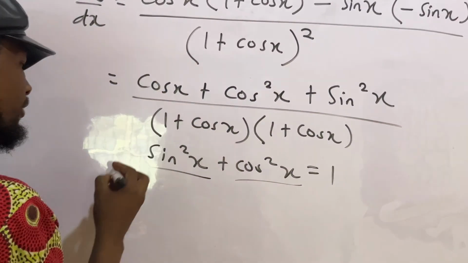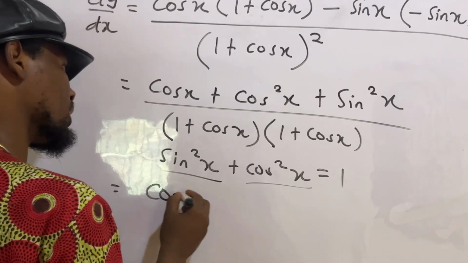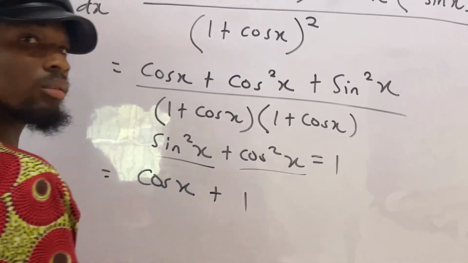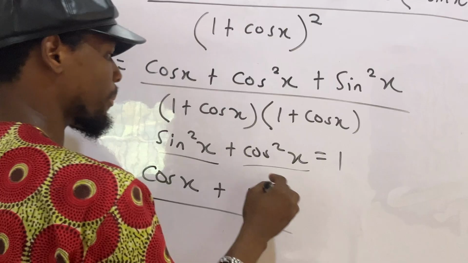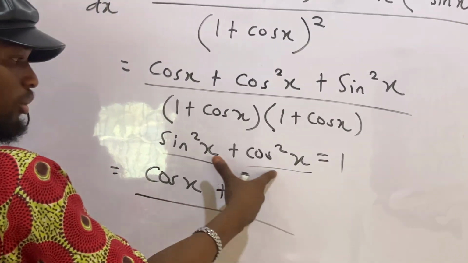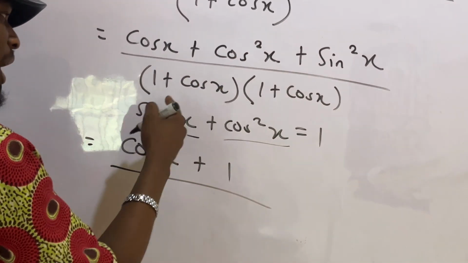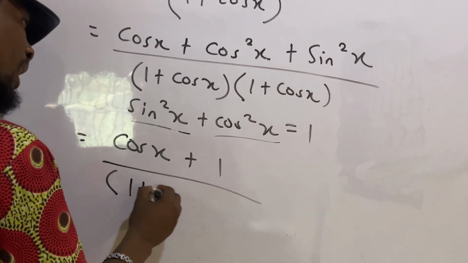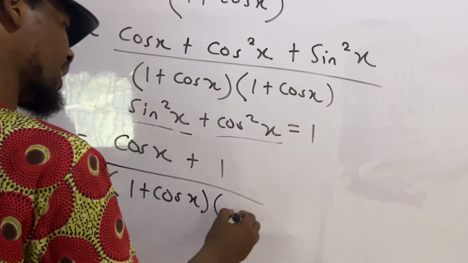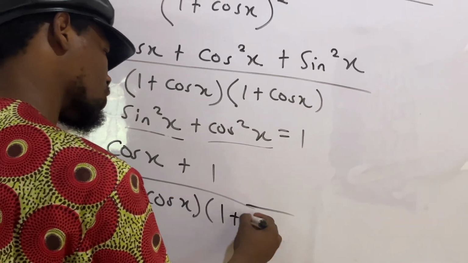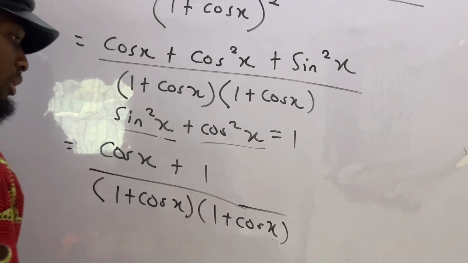So I have cos x plus 1, then all over the expression 1 plus cos x, then you have 1 plus cos x.